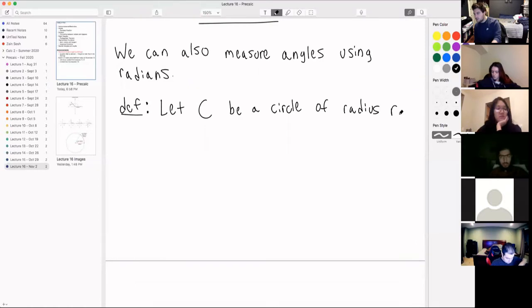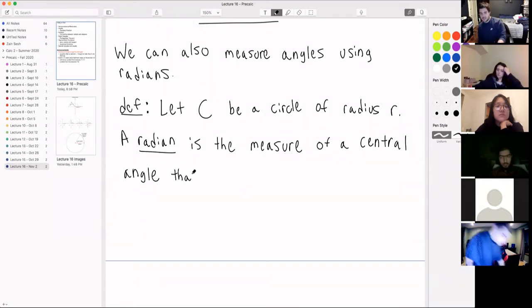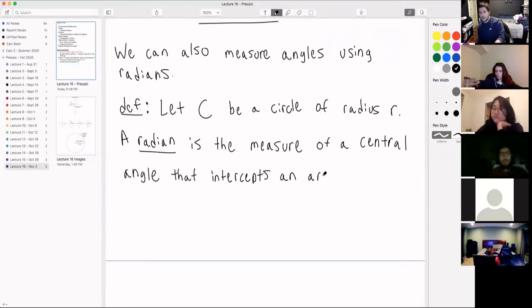A radian is the measure of a central angle that intercepts an arc of length r.